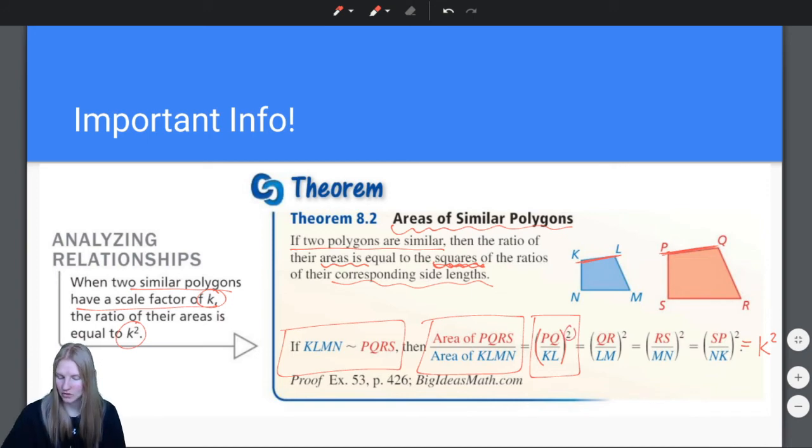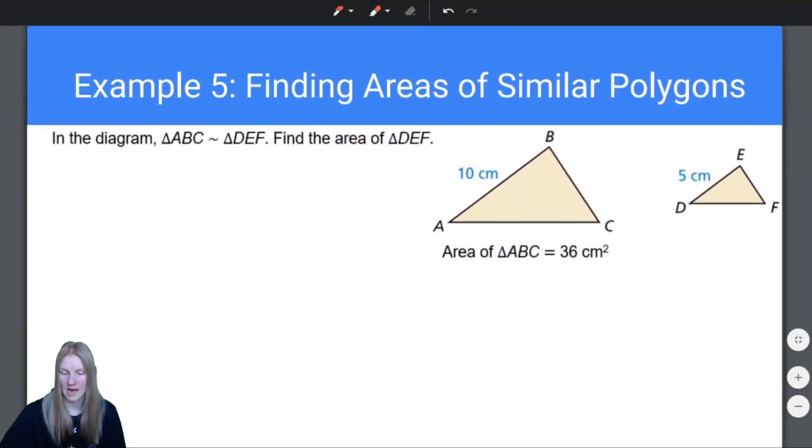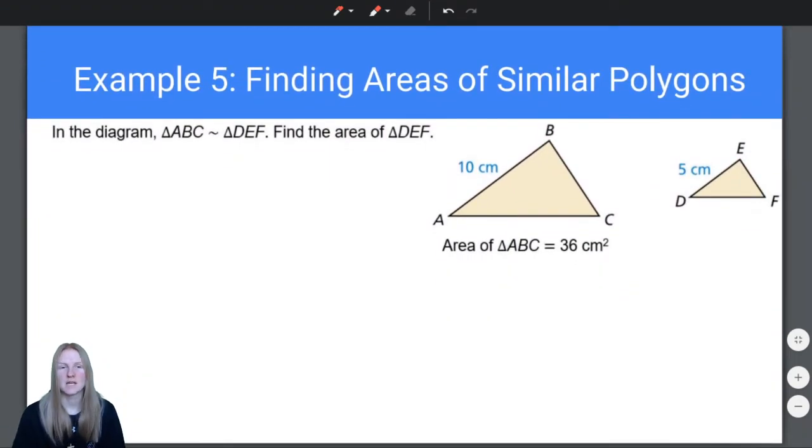Okay, so let's do an example. In the diagram, triangle ABC is similar to triangle DEF. Find the area of triangle DEF.